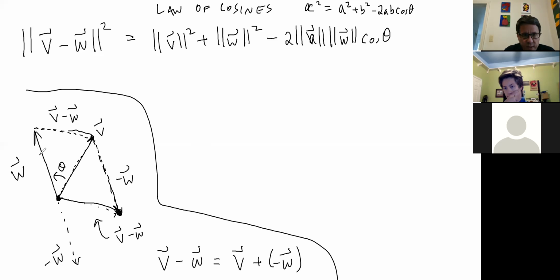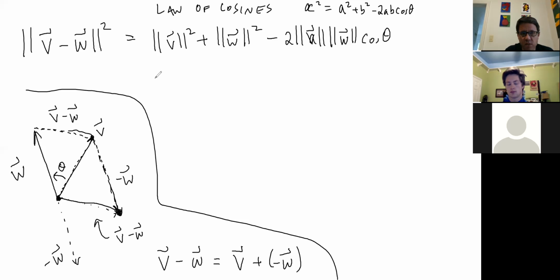So this length is the length of W, this length is the length of V, and this length is the length of this subtraction of the two. So I have the law of cosines all set up. Now I use the fact, from the previous slide, that the dot product of the vector with itself is its length squared.